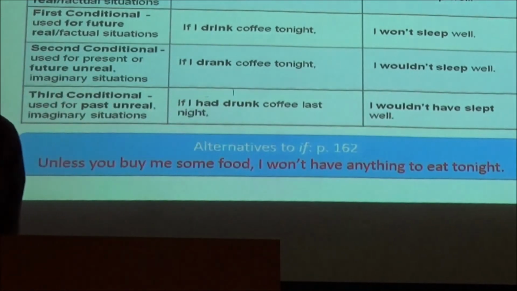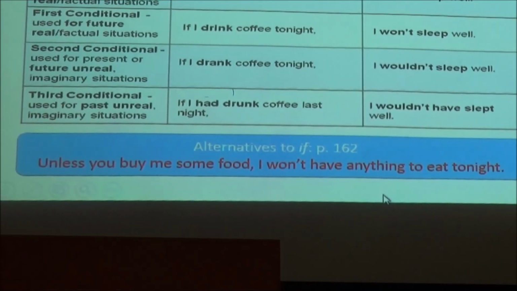Now, don't be misled by what I put in the handout, the boxes. This is sort of general guidelines by which we can group the conditionals, but they don't always work so well. Yeah.